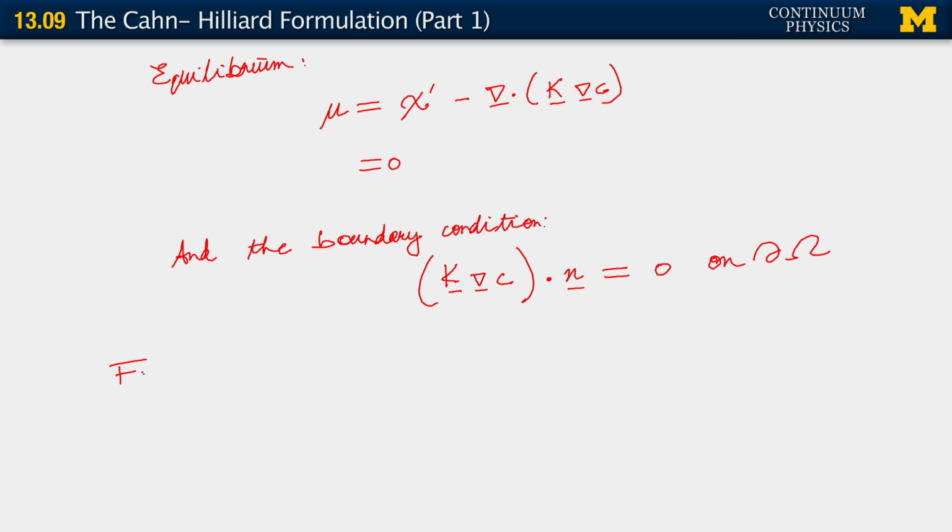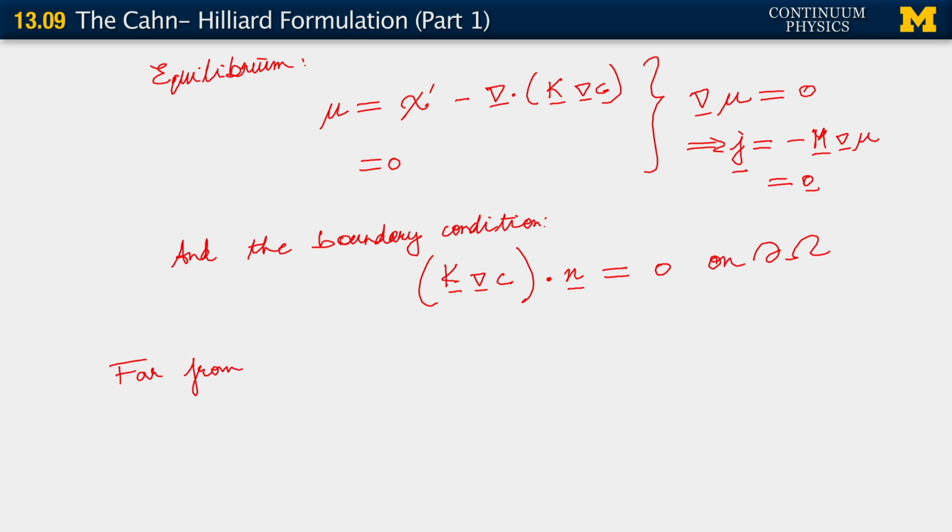Far from equilibrium, however, which is the case of interest to us, we know that if the chemical potential is equal to 0, we would see that grad mu equals 0 if mu were 0 everywhere, and then there would be no flux. So no flux, nothing moving, nothing of interest, equilibrium case.